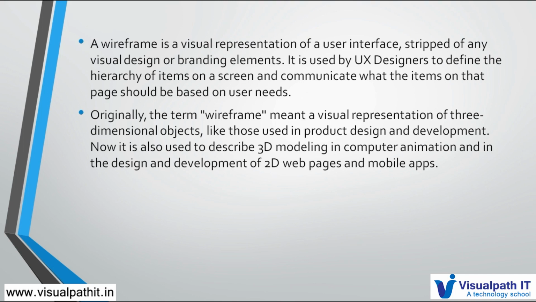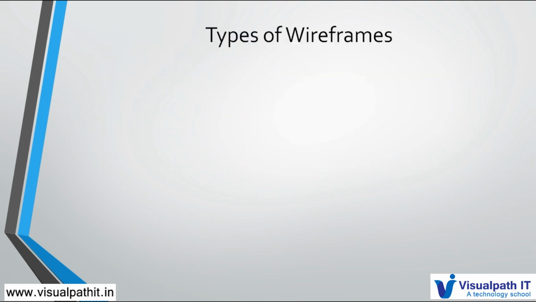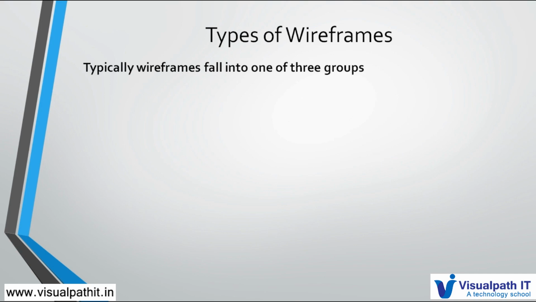So let's see next the types of wireframes. Consisting of boxes and lines, a wireframe can be as basic as a sketch on paper or a whiteboard. Most designers create wireframes at different fidelity levels within a short time that illustrate a simple visual design.